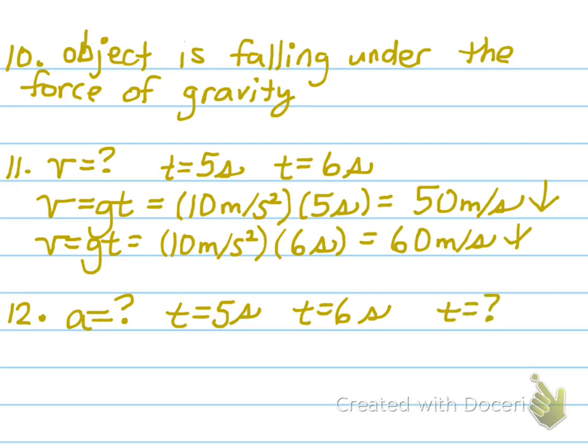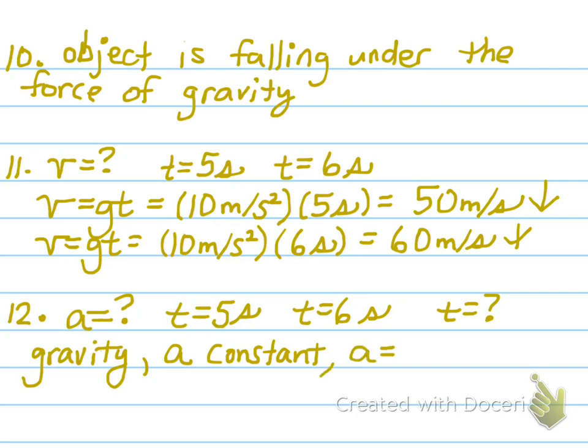This really is a little bit of a trick question, right? Because the only thing that's acting to accelerate this is gravity. So the acceleration is constant. And again, it's the 10 meters per second squared downward.